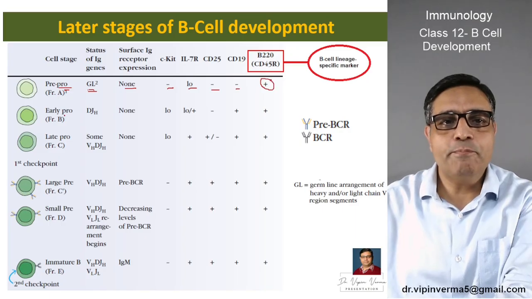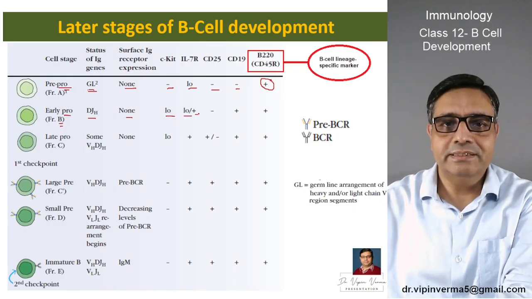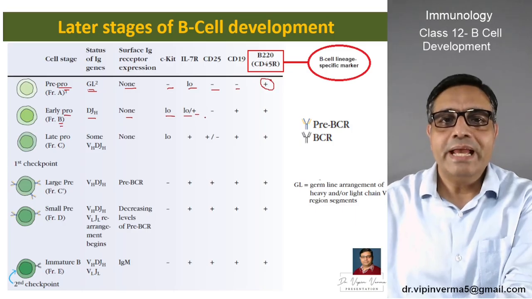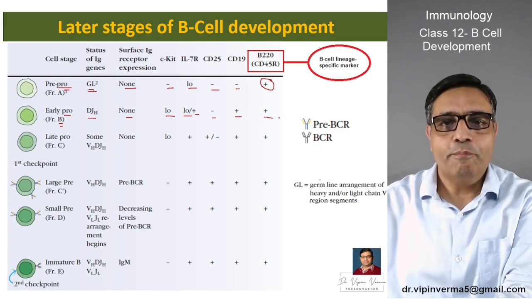In the early pro-B cell, or the B cell according to a different nomenclature system, we have the DJ heavy chain. While surface Ig receptor expression is absent, c-KIT has started at a low expression. IL-7R is either low or in good expression, CD25 is still negative, CD19 is positive, and B220 or CD45R is positive.